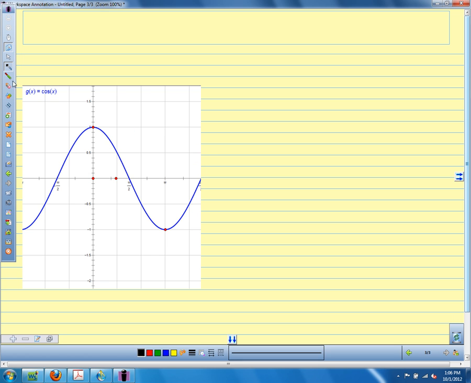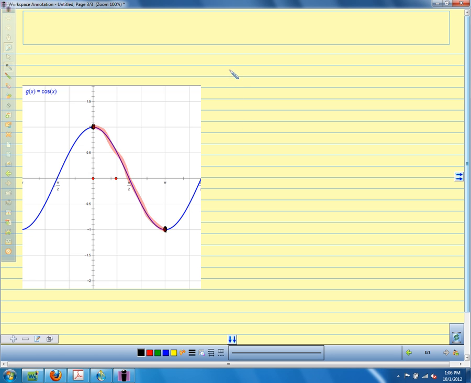For the cosine function, I'm going to restrict my domain here. If I restrict the domain of the cosine function, then it does pass the horizontal line test, and the cosine function has an inverse.